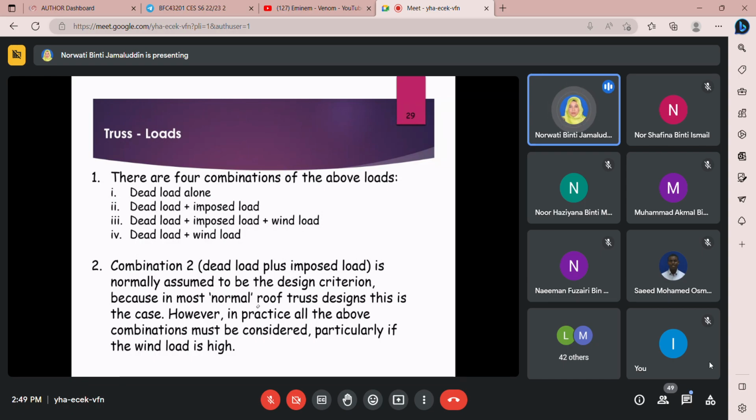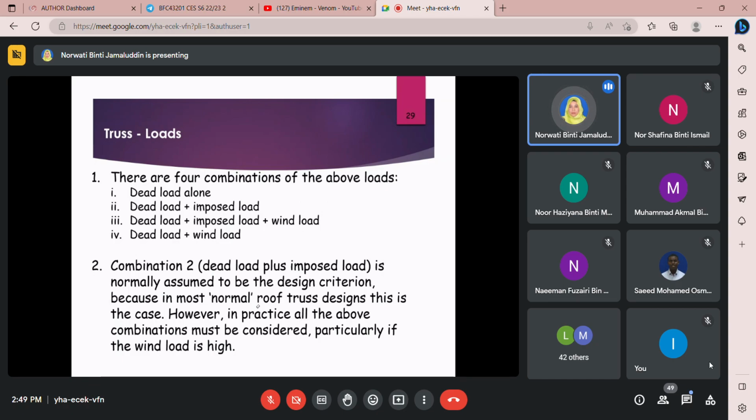There are 4 combinations of load. You can consider only dead load, dead load plus imposed load, dead load plus imposed load plus wind load, and dead load plus wind load. Then you check which one gives the most severe load case. Based on that, you consider the load for your further analysis.